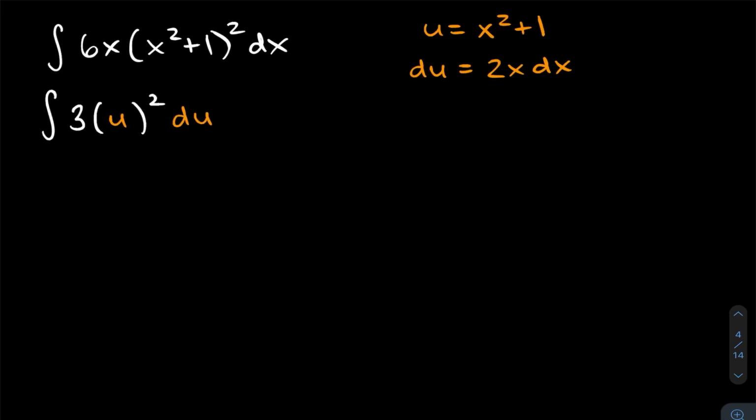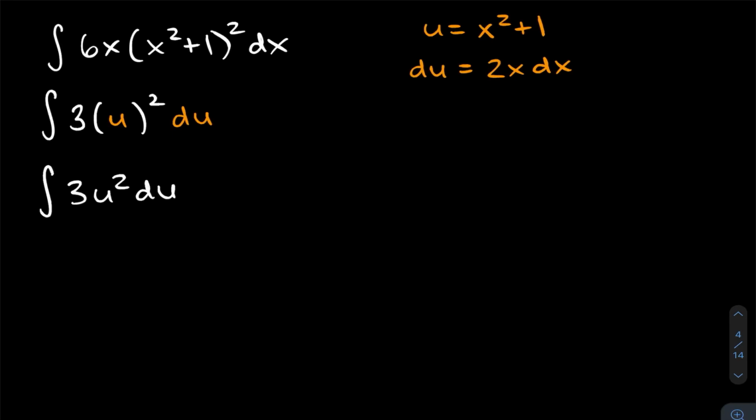Okay? And so now this integral is a lot nicer, right? We have the integral of 3u squared du, and we can use reverse power rule on that. You see what I'm talking about now with this thing becoming simpler? I apologize for erasing things, but I'm going to take that 3 out just so you can see the whole reverse power rule process a little easier. If we use reverse power rule on this guy, we're going to get 3 times a u cubed, right?